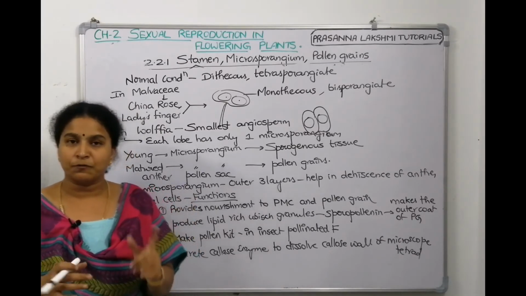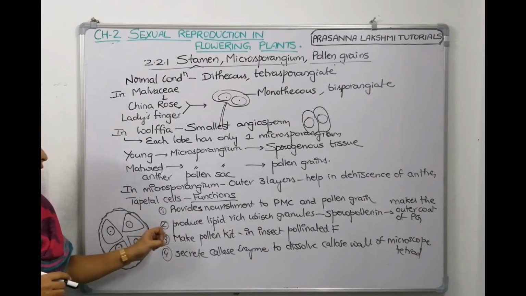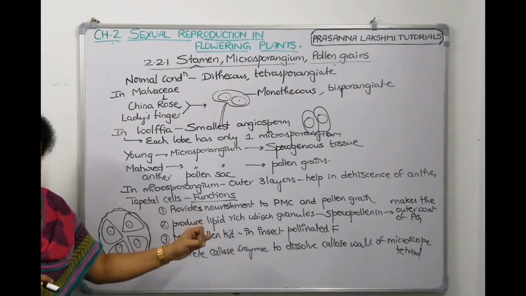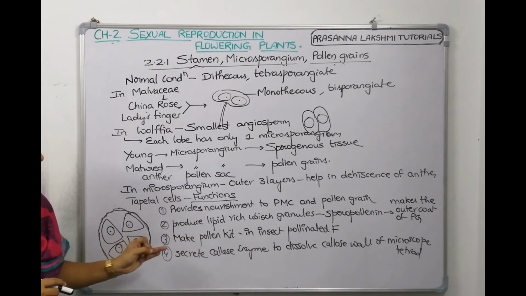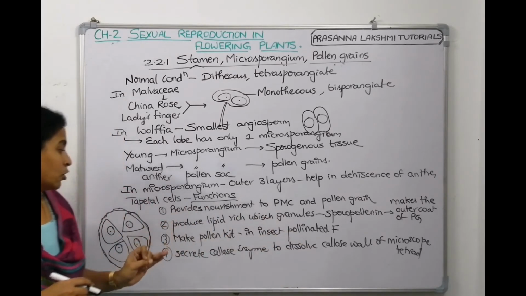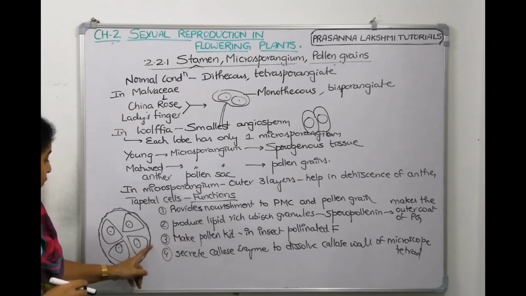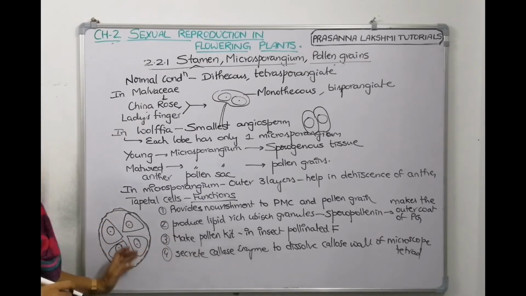Tapetum has many roles. First, it provides nourishment. Second, it secretes Ubis granules which make the Sporopollenin, the outer layer of the pollen grain. Third, it makes pollen kit which helps in insect pollination. Fourth, it secretes a callase enzyme which dissolves the callose wall so that the microspores can be released. Take a screenshot fast.